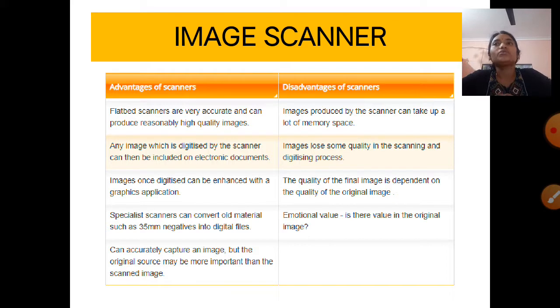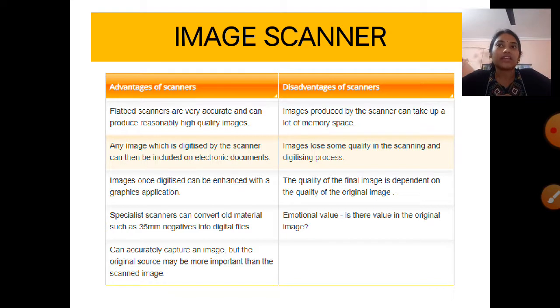Any image which is digitized by the scanner can then be included on electronic documents. Once digitized, an image can be enhanced with graphics applications.